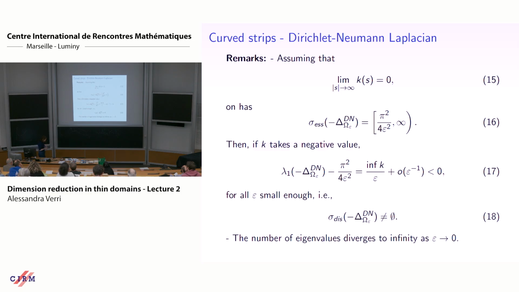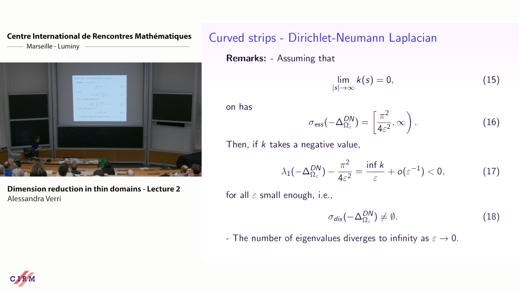Another point is that as this expression doesn't depend on j, we can put here any j, and for epsilon small enough we are going to achieve this inequality. So we can conclude that the number of eigenvalues increases when epsilon goes to 0.